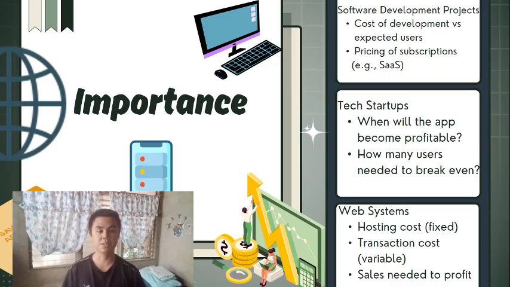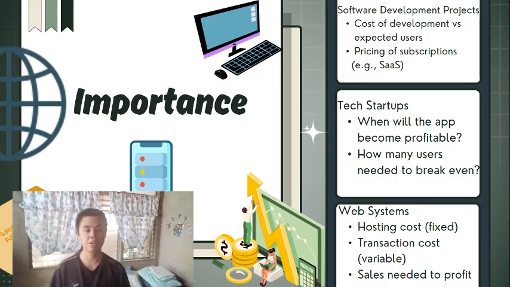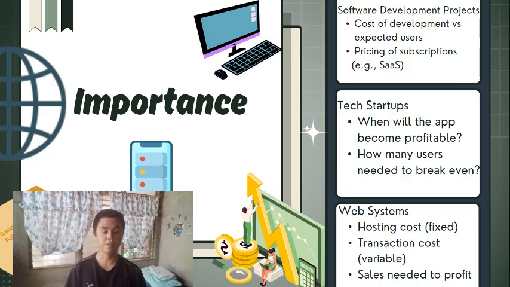Tech startups use it to identify when an app will become profitable and how many users are required to reach the break-even point. For web systems, it assists in managing fixed hosting cost and variable transaction cost to determine the sales needed to generate a profit.